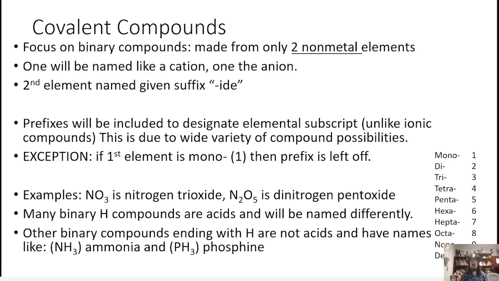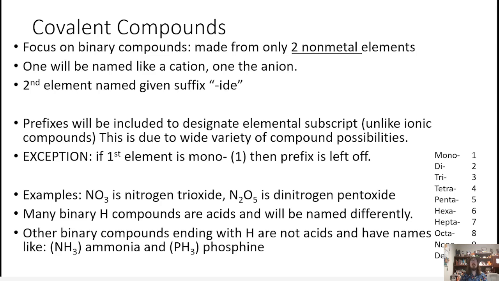When we name these, one element will be named like a cation, one will be named like an anion. The second element will be named like the anion and given the suffix IDE. Now the trick here is because nonmetals are not typically positively charged, we can get a lot of unusual combinations.